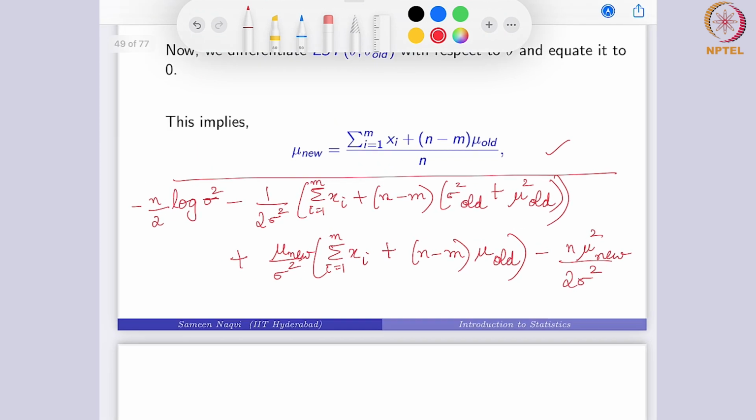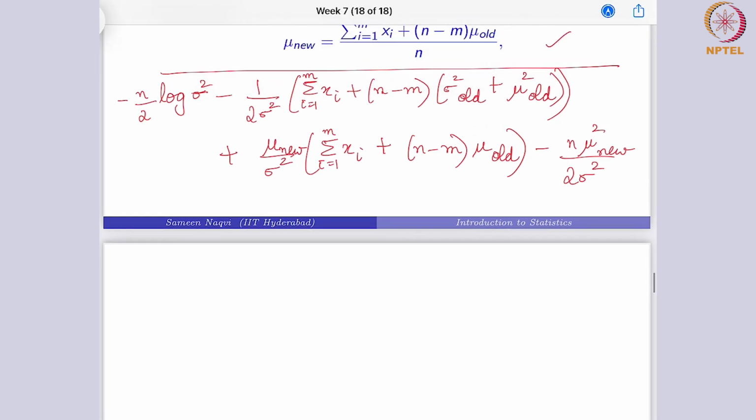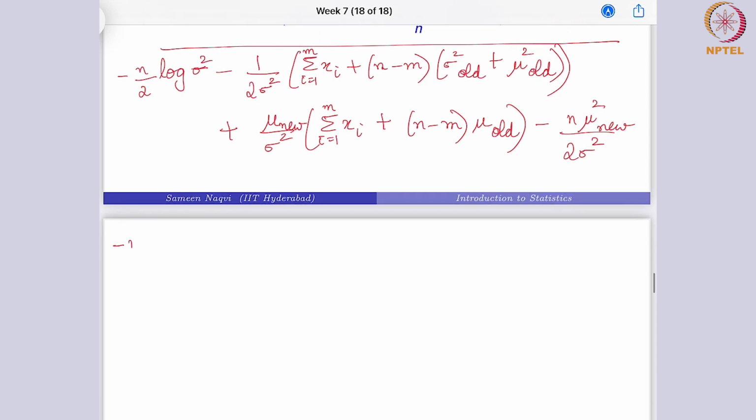Now let us differentiate it with respect to sigma square and see what we get here. When we are differentiating it, the first term would be minus n by 2 sigma square, plus here it would be 1 over 2 sigma raised to power 4, and this entire term would come. In the next one again it would be minus mu new over sigma raised to the power 4, and this summation xi term would again be here.